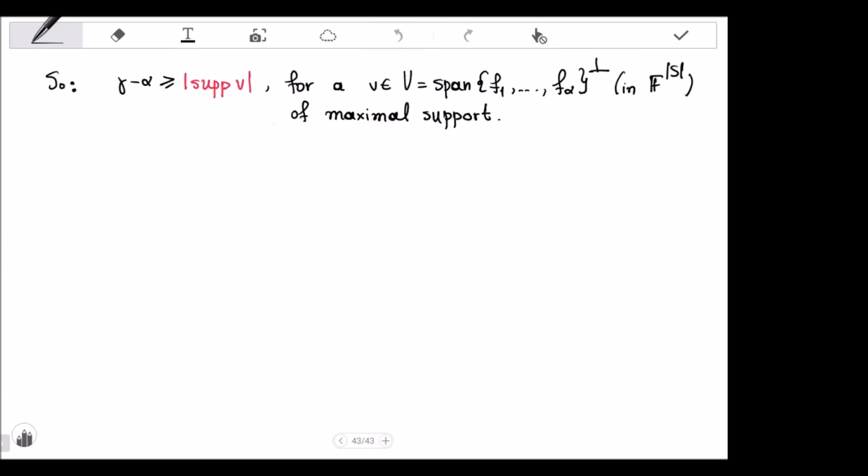Now, I have just rewritten that. Well, where does V live? It lives in a specific vector space inside F to the S, and we just need to pick a V of maximal support, right? It should make a lot of sense that the maximal support of a vector in this universe should be at least the degrees of freedom in that universe.